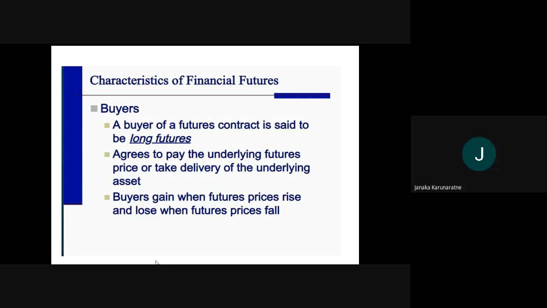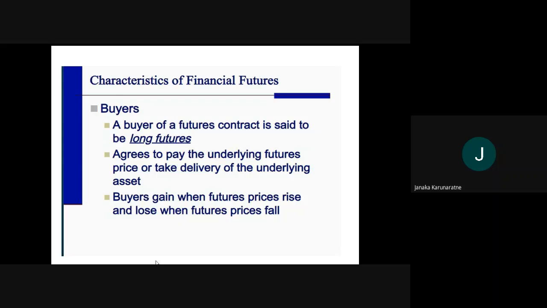If the futures price goes down, NDB Bank will lose. Then somebody will ask, what is the purpose of hedging? When you talk about futures or forward contracts, the idea is not to make a profit, or to incur significant loss. The idea is to minimize loss. If you don't have a futures contract, say your loss would be 100 million if the interest rate reacts against you.